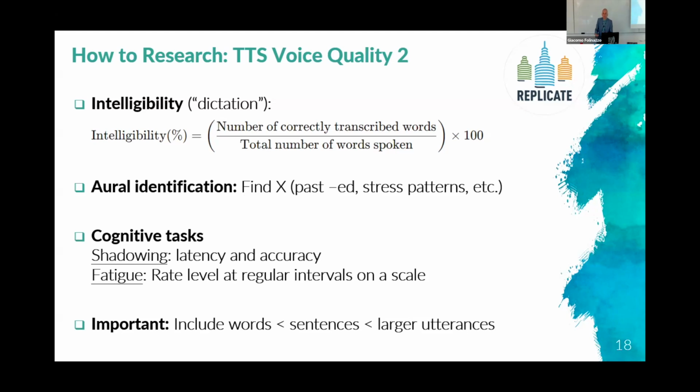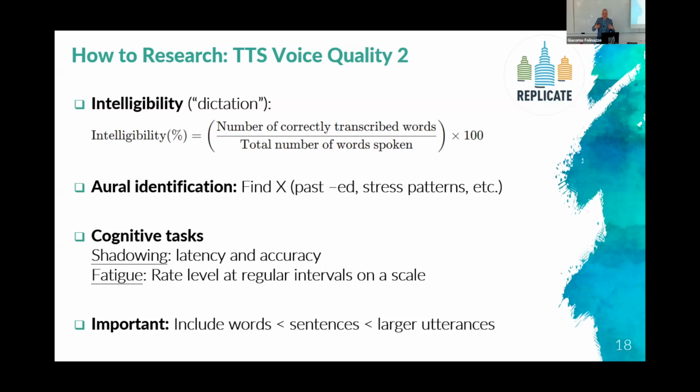Same thing for fatigue. We can also look at fatigue as one of these measures of cognitive load, whether one has more than the other. What is very important about this kind of research, if you're interested in conducting it, is that you have to make sure that you have different types of target items, such as words, sentences, and larger utterances.